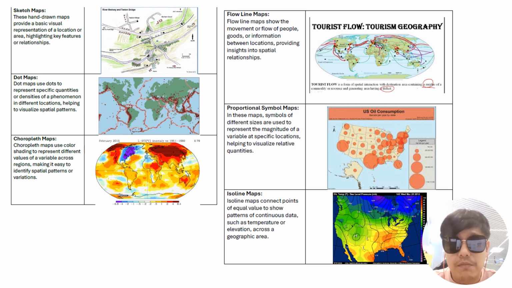Okay, for flow line maps, typically it comes in the form of trying to show the movements or actually flow of people or even goods or information. This is a classic example of tourism, whereby there is tourist flow. It shows connection between places.